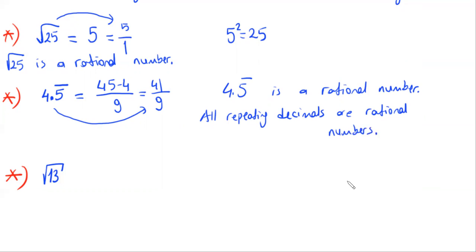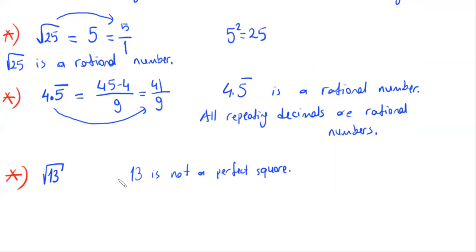Okay, so as you see, we have another number here, which is square root of 13. And as you see, 13 is not a perfect square.